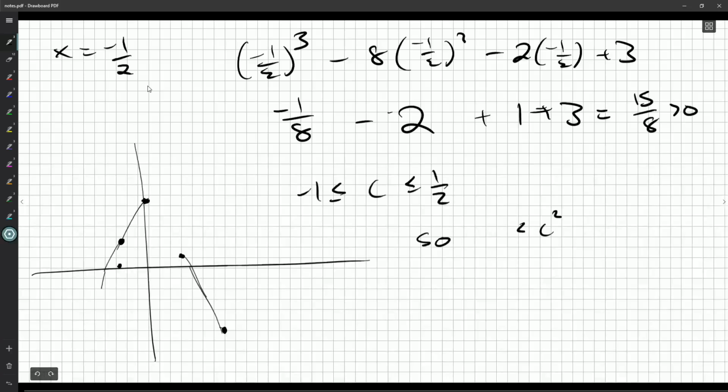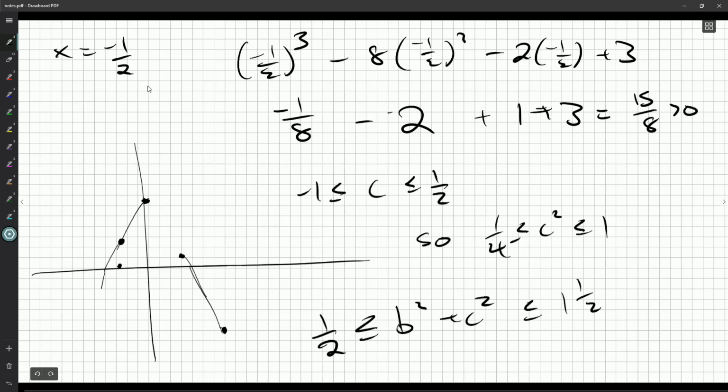So c squared is between a quarter and 1, and now b squared plus c squared is between 1 and a half. I didn't even have to go to negative 1 over root 2. That would have been annoying.